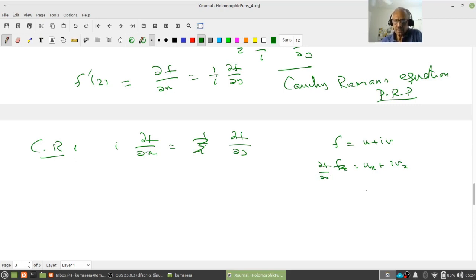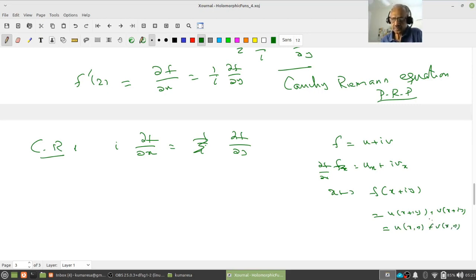What am I thinking? I am thinking of f as a function of x plus iy. So the y variable is fixed, x is the only variable, right? Therefore when I differentiate, this is u of x plus iy plus i times v of x plus iy, or if you want to think of it, u of x,y plus i times v of x,y.